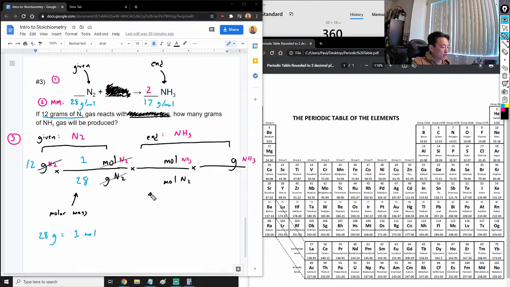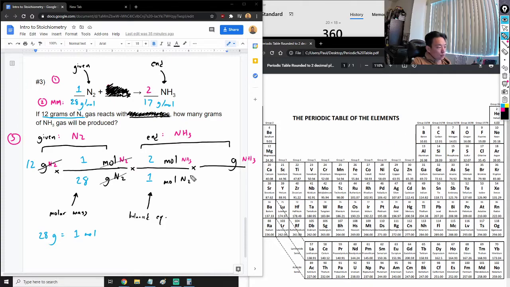We said for the second fraction, we're going to get our numbers from the balanced equation. So we're going to look for NH3 and N2 in the equation. NH3 has the number 2 in front of it, so we're going to put 2 on the top. N2 has no number in front of it. No number means 1, so we're going to put 1 on the bottom.